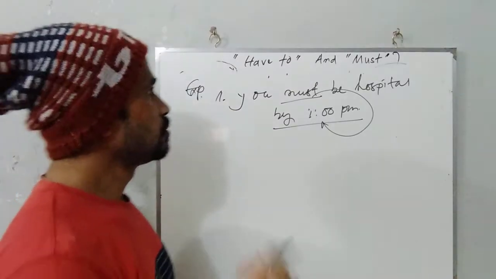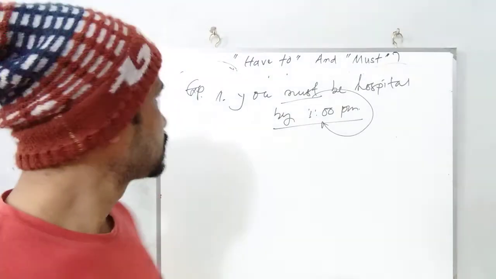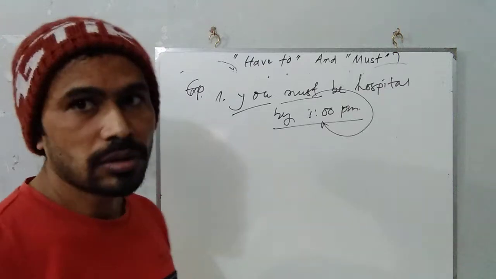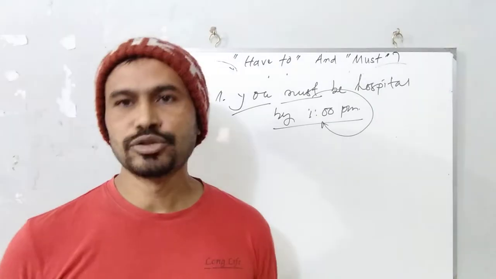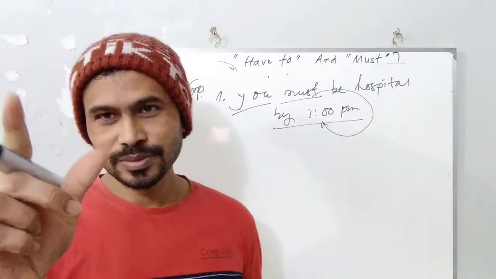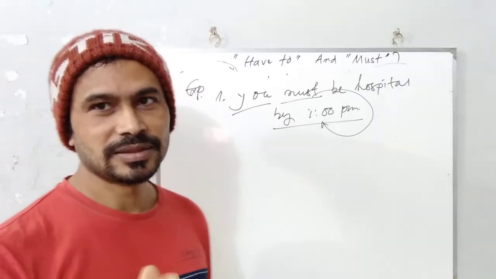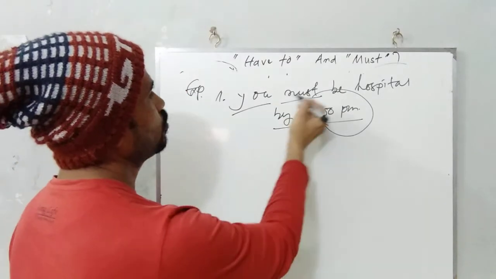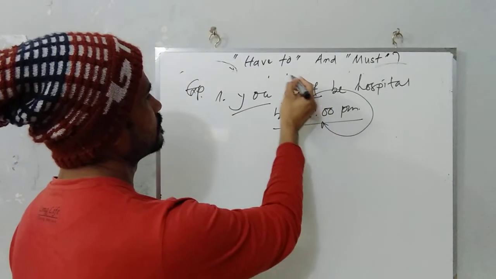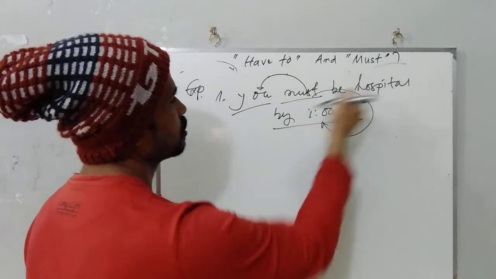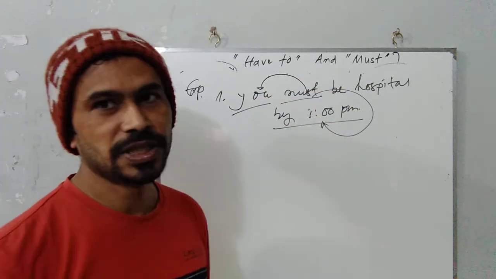So we also say that must is used also for subjective obligation. Okay, so interesting matter, my friends, look at this. You must be at the hospital by 1 p.m.